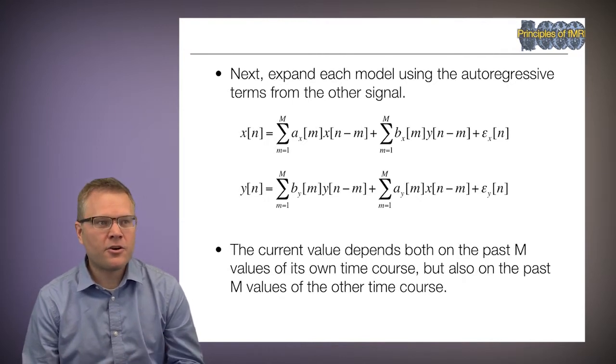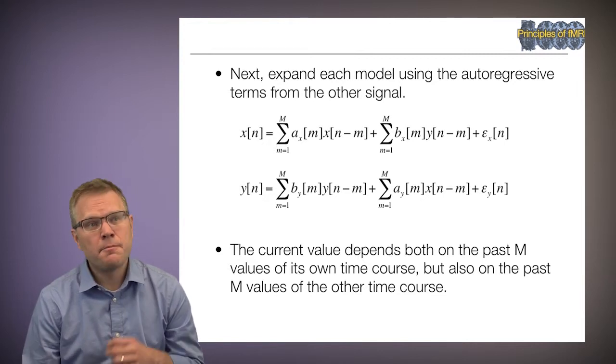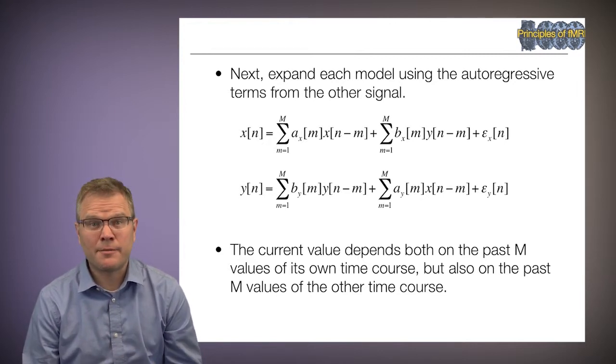Now the current value depends both on the past m values of its own time course, but also the past m values of the other time course. So now we have four equations here: how x depends on its own past, how y depends on its own past, how x depends on its own past and the past of y, and how y depends on its own past and the past of x.